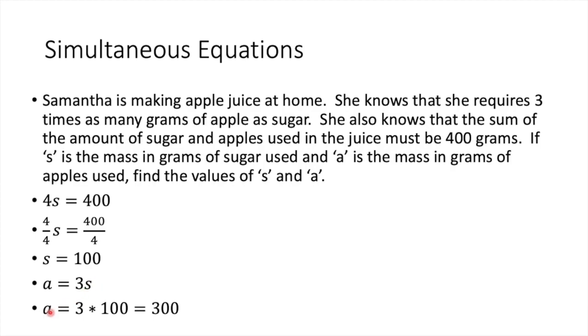So therefore, we can say that A is equal to 3 times 100, which is the value of S, and 3 times 100 is equal to 300. Therefore, we can say that A is 300. So, answering the question, the number of grams of sugar used was 100 grams, and the number of grams of apples used was 300 grams.